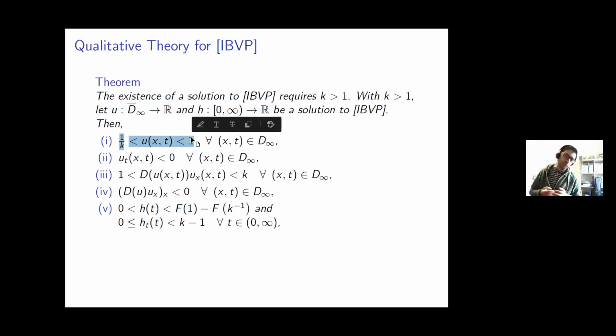And the way we prove this is via several applications of the weak maximum principle and the strong maximum principle for parabolic partial differential equations. So this gives us a bound for U, which we can use for regularity results that we require.